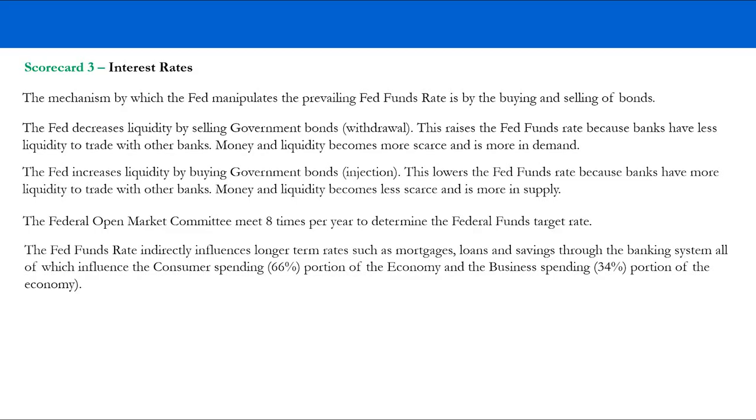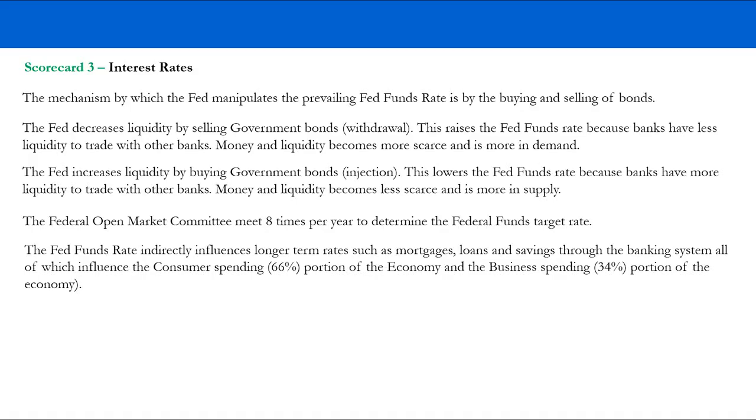And all of this combined basically influences consumer spending, so 66% of the economy, and business spending, so 34% of the economy. And we looked earlier in our surveys that the two main bodies that make up the private sector are consumers and businesses.